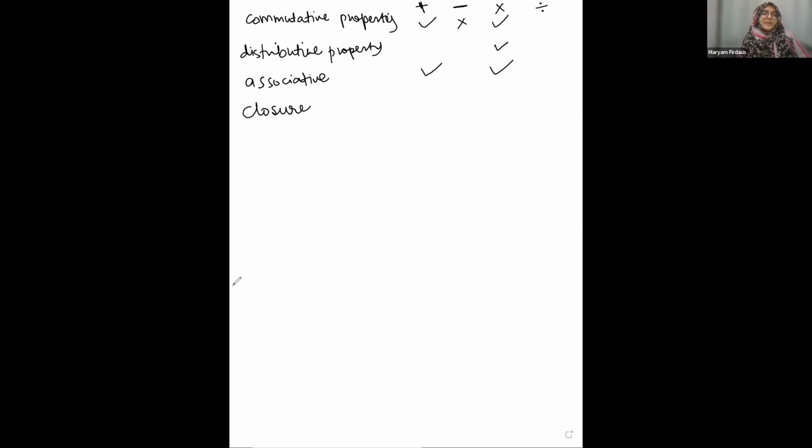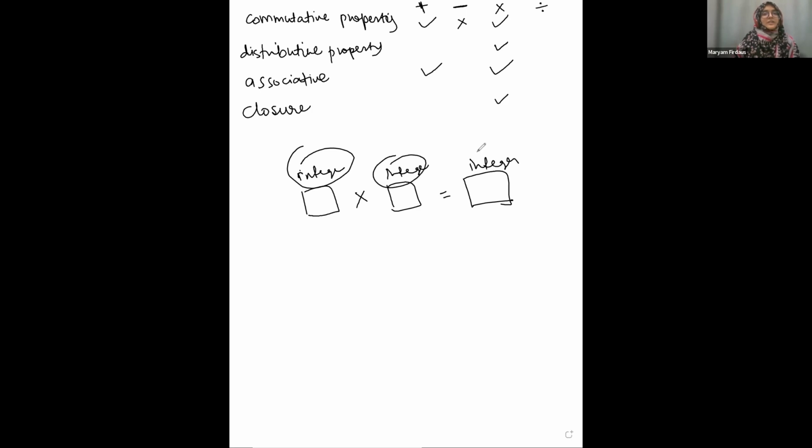If you have any two integers and you multiply them, the result will always be an integer. This is called closure. So this holds true for multiplication.